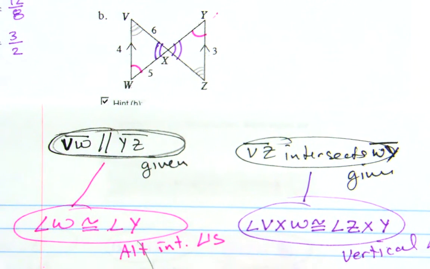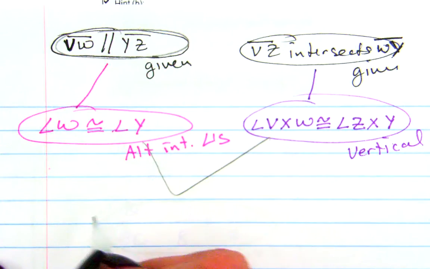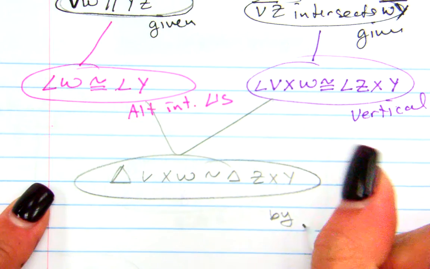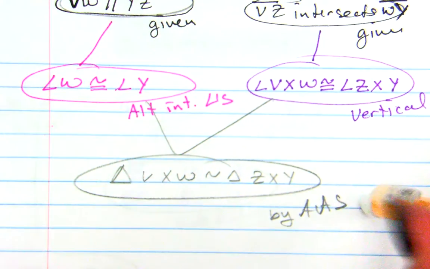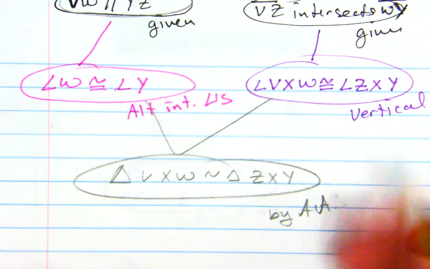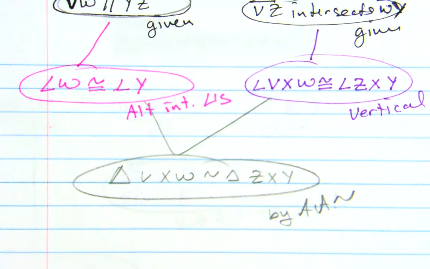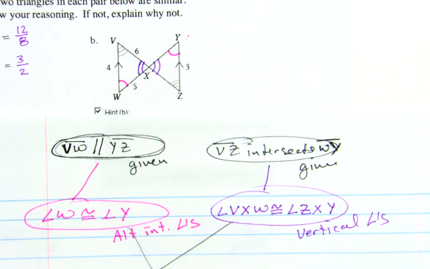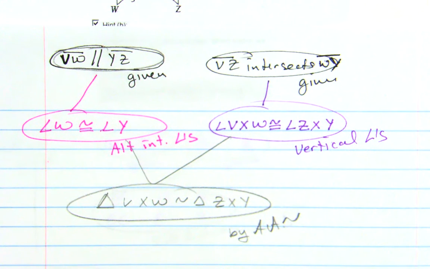So now you have, let's go in order, triangle VXW is similar to triangle ZXY by angle similarity. Okay, so that was the flowchart, really fast for the two. Yay. So you can press pause, copy it down, and make sure you understand what I did and where I got all the stuff from. All right.